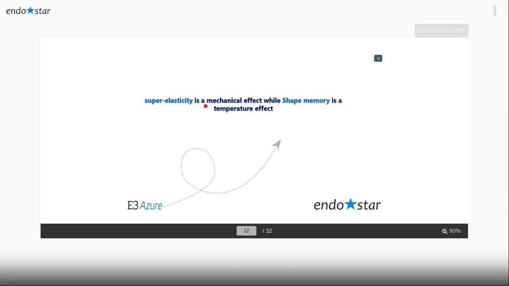This pseudo elasticity means that when you remove the force from the file, it wants to return to the original shape, not by temperature, not by anything. So this property makes the file a little bit tough and strong, but at the same time, you cannot use it in all cases. But with shape memory, you can pre-curve and shape it according to your case.